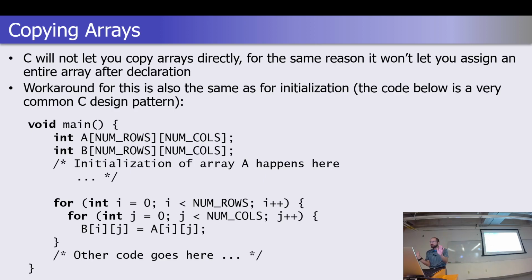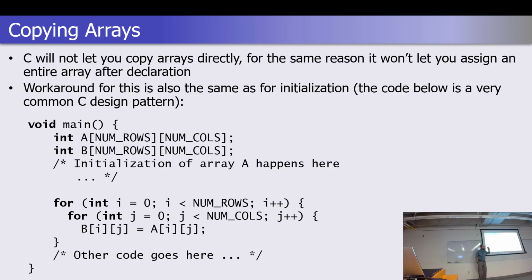Oftentimes, not always, but oftentimes once you've answered that, okay, I need a 25 by 25 array of ints, once you have that in mind, the resulting for loops that do stuff with your arrays directly flow from, or are a consequence of, the choice of variables that you've picked.